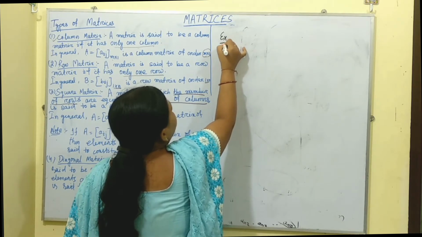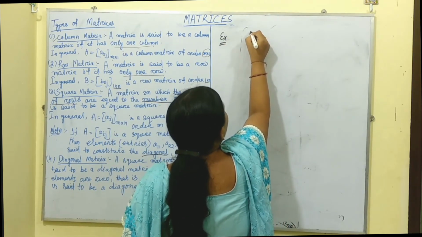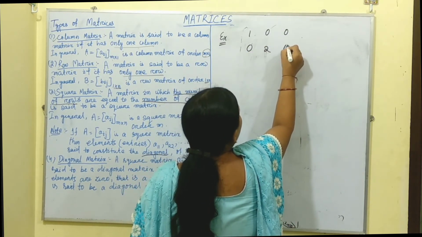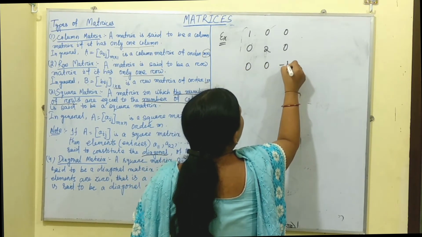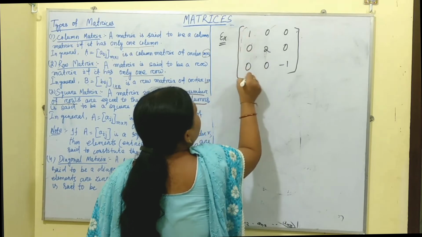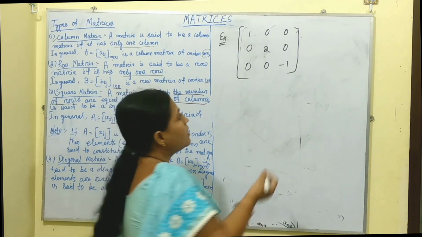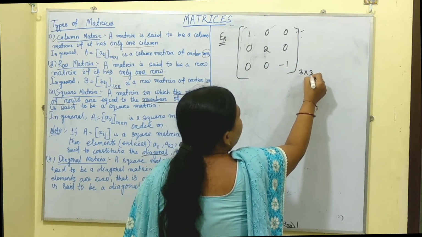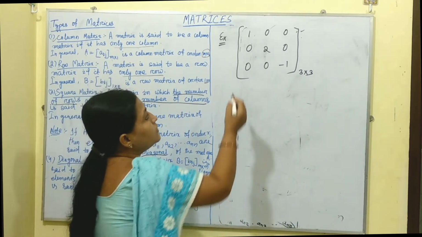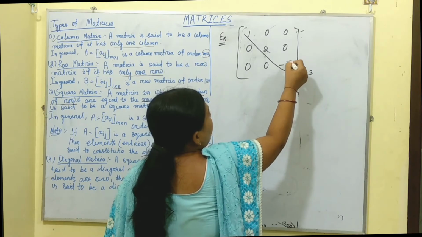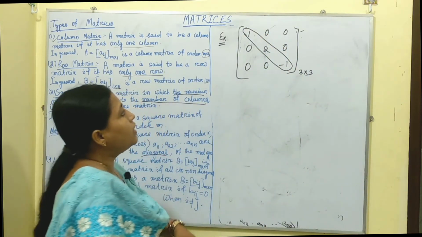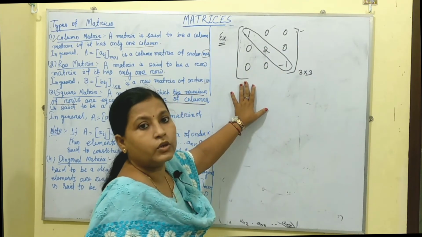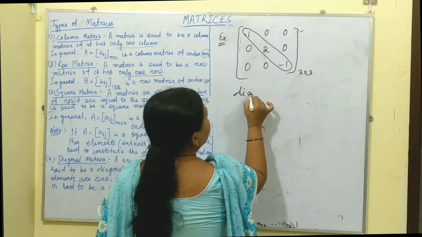For example, 1, 0, 0, 0, 2, 0, 0, 0, minus 1. This is a square matrix and order 3, because number of rows are equal to number of columns. So this is a 3 by 3 matrix of order 3 matrix, and the diagonal elements are 1, 2, minus 1, and other elements are called non-diagonal elements. Here the non-diagonal elements are 0. So it is called diagonal matrix.